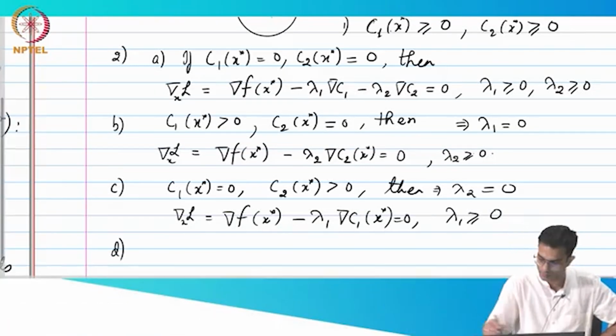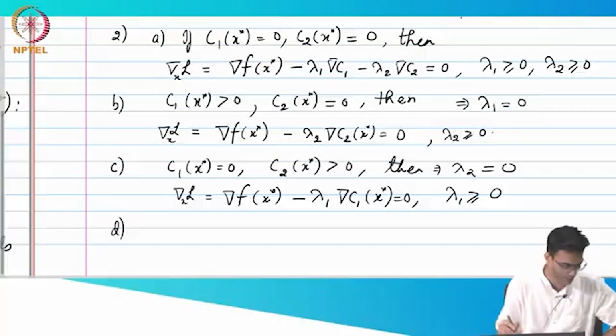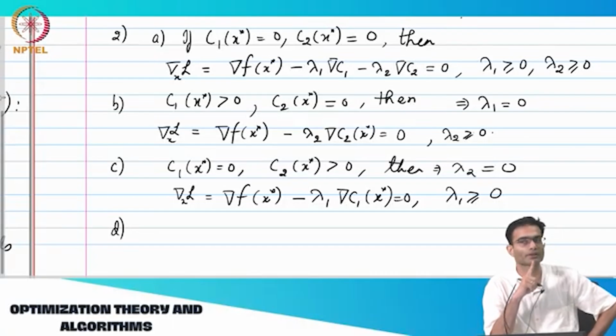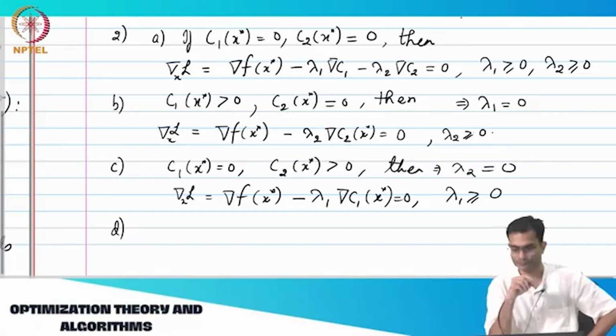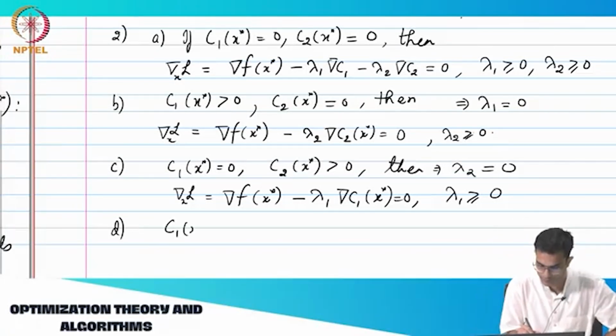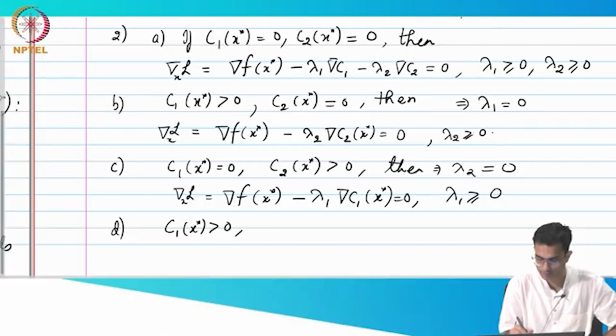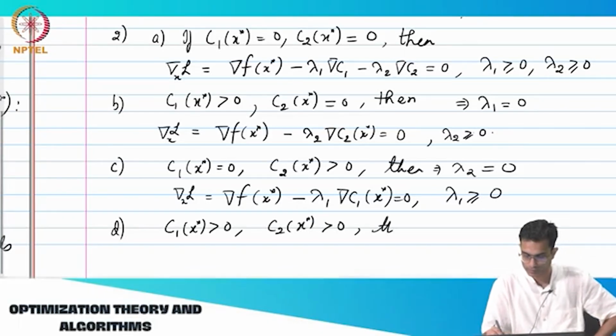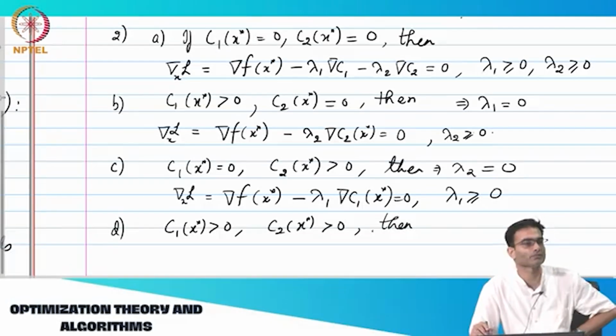And last but not the least, both the inequalities are inactive. So I have C1 x star greater than 0, C2 x star greater than 0. What happens to my Lagrange multipliers?